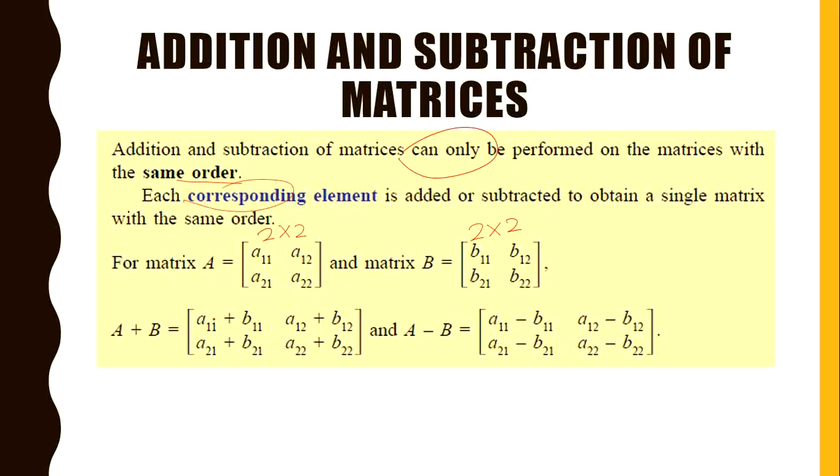Okay, contohnya, dalam elemen yang pertama, dalam row pertama dan kolom pertama daripada matriks A, kena tambah dengan elemen pertama di row pertama dan kolom pertama pada matriks B. Okay, elemen row pertama, kolom kedua dekat matriks A tambah dengan elemen row pertama dan kolom kedua dekat matriks B. Dan yang lain pun sama. Kita tambah dan ataupun tolak dia mengikut pasangan masing-masing.